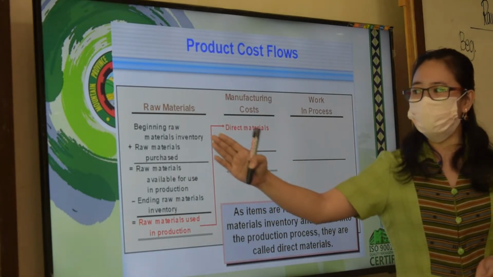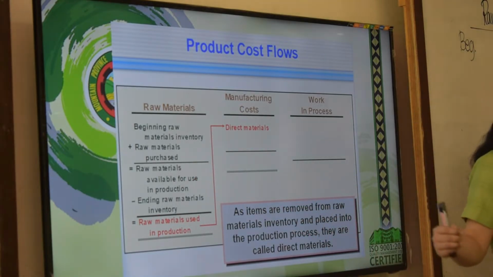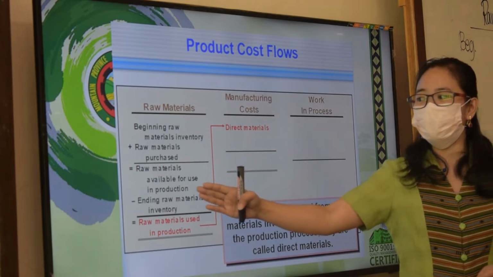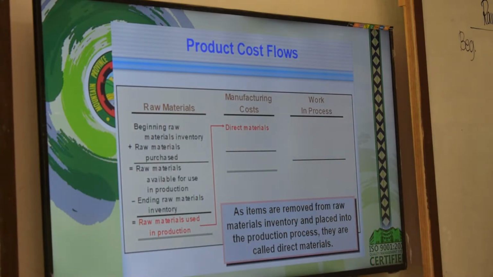Beginning raw materials plus the raw materials purchased. It's always like that. You have your raw materials available for use in production. The raw materials available for use in production always include two: the beginning raw materials and your raw materials purchases.